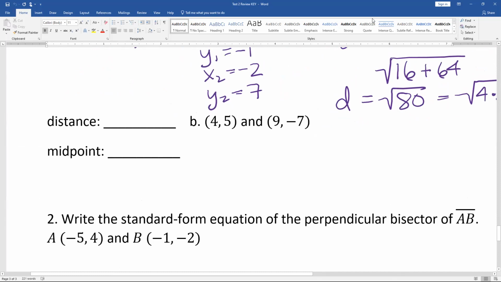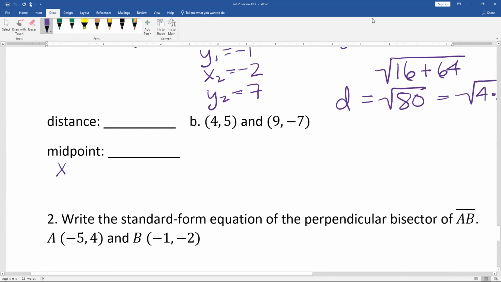So first part, as long as my pen works, I always label my x1, y1, x2, y2. So x1 is 4, y1 is 5, x2 is 9, and y2 is -7.